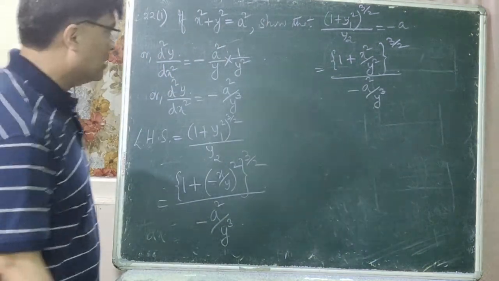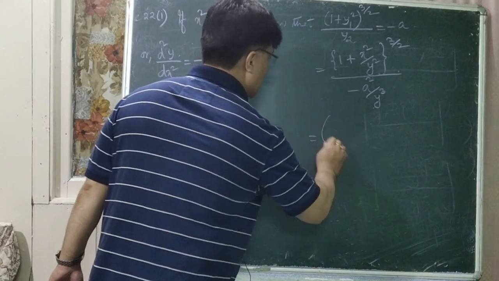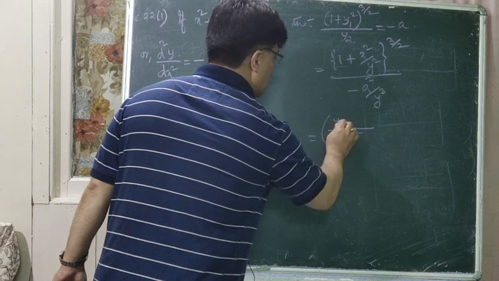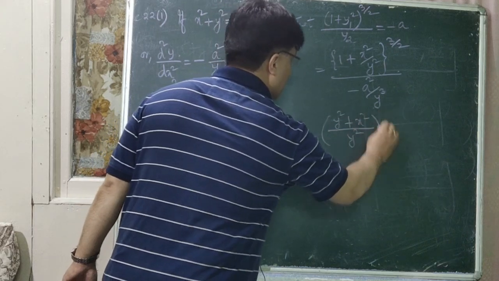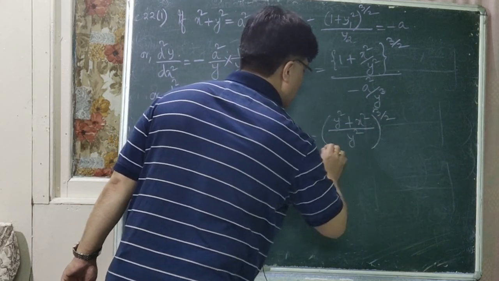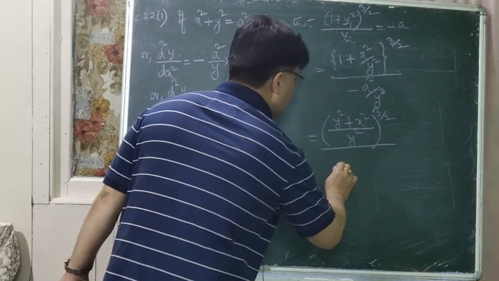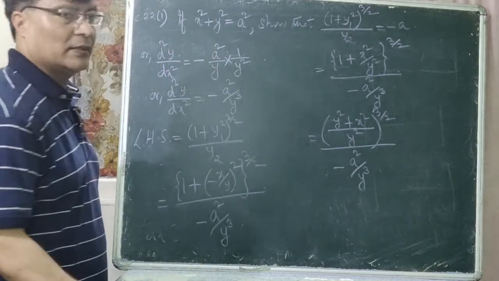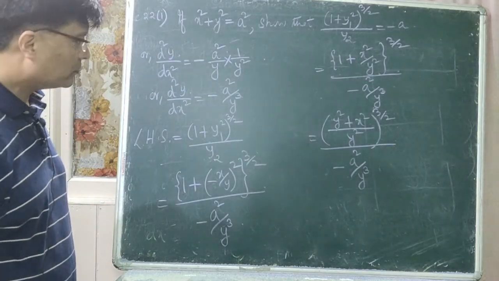Is that clear? So which is equal to, what's the LCM here now? This is your y square. So this is y square plus x square whole to the power 3 by 2 divided by minus a square by y cube. Is that understood now?